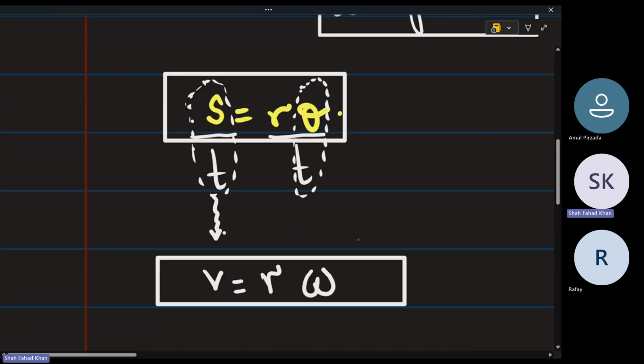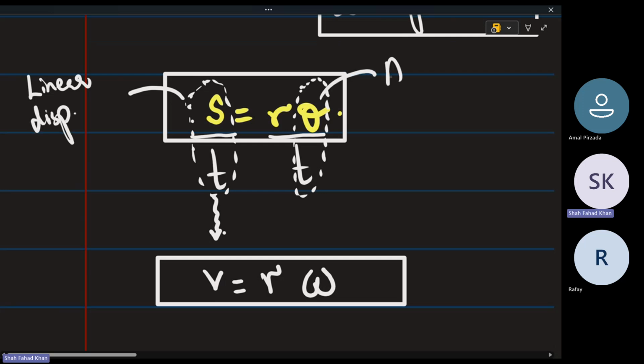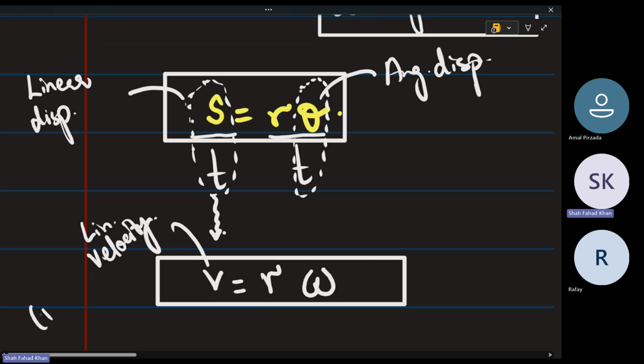S equals r theta is the relationship between arc length, which is the linear displacement, and angular displacement, right? Similarly, this is linear velocity, which is also called tangential velocity because its direction is at the tangent to the circle.